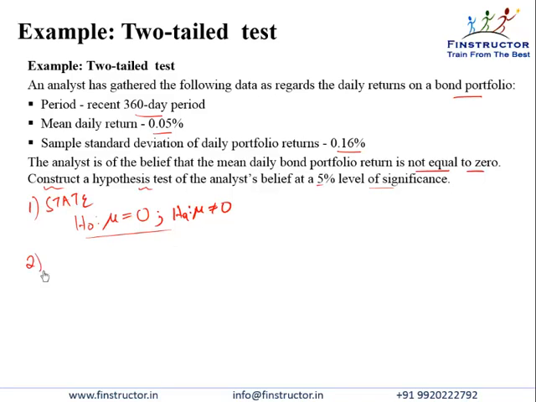The second step is to select the appropriate test statistic. It's a 360-day period. The hypothesis is on the mean, so we will choose the Z statistic, or the normal distribution.